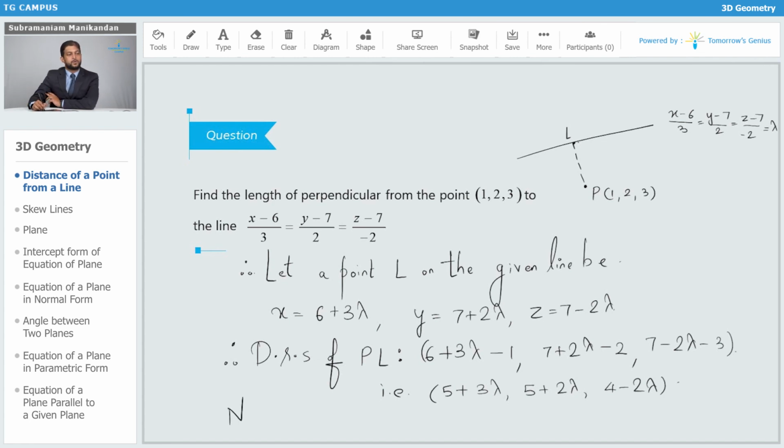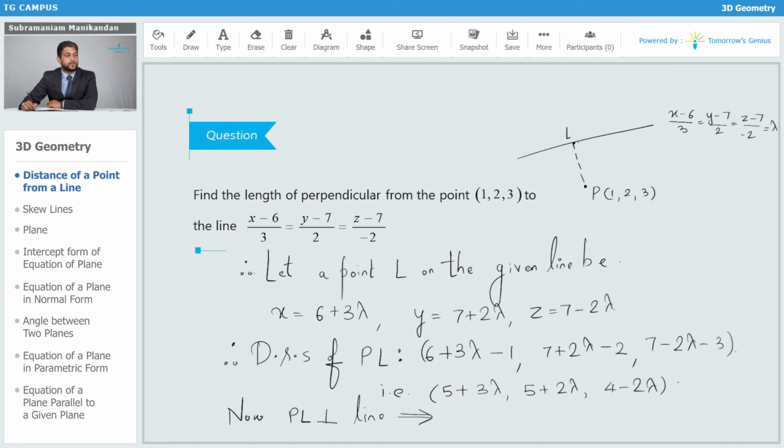Now PL is perpendicular to the line (x minus 6)/3 equals (y minus 7)/2 equals (z minus 7)/minus 2. Therefore, the corresponding x, y and z direction ratios, when they are multiplied and added together, will give 0.